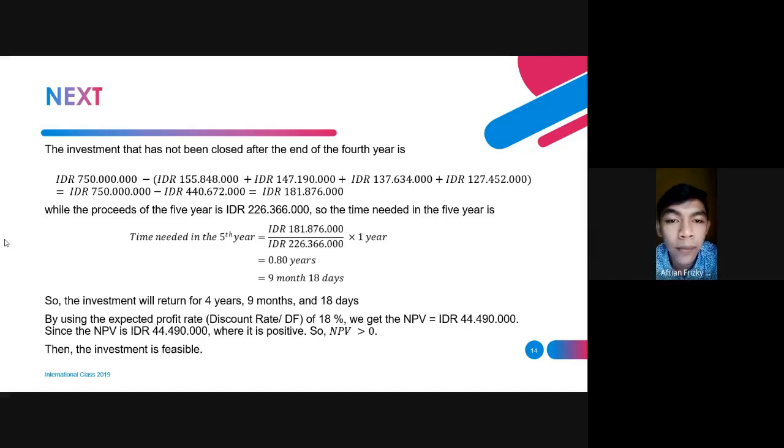Since the NPV is 44 million and 490,000 rupiah, which is positive, we get that the NPV is greater than zero. Then we can conclude that the investment is feasible. So using the NPV method, the investment is feasible. Okay, next.